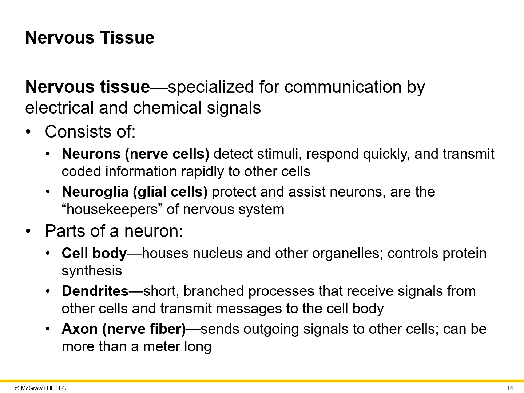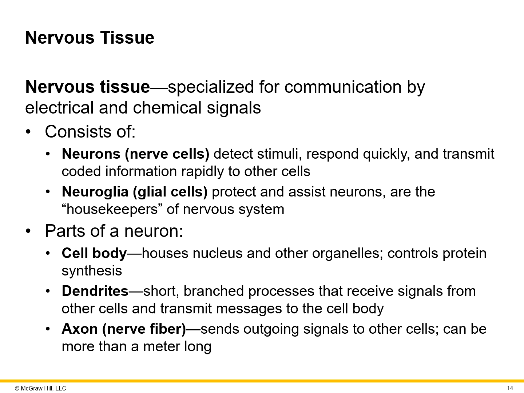They will transmit a code of information very fast to other cells. Supporting cells, more like the assistants to the neuron, are called neuroglial cells, also shortened to glial cells. These are like the housekeepers of the nervous system and they will support the neurons.